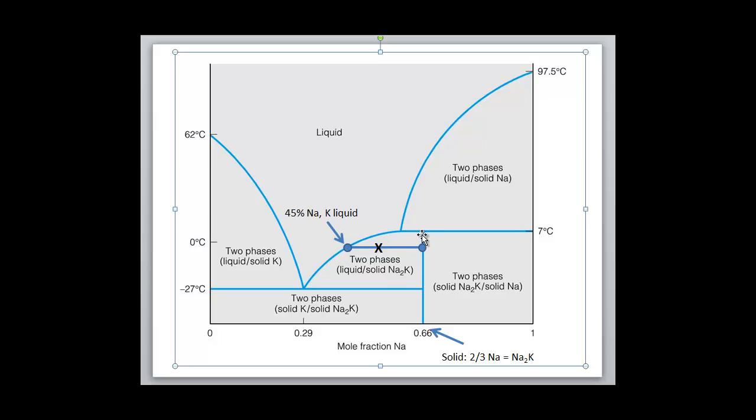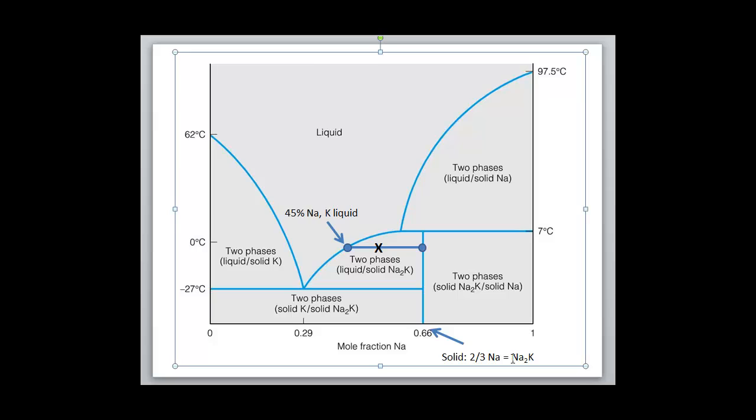The right endpoint is on a vertical line. And when you see a vertical line in a liquid-solid phase diagram, that generally means you have a specific compound. In this case, a specific compound consists of 2/3 sodium. So that must mean that since I have 2/3 sodium, I have Na2K, sodium 2 potassium.